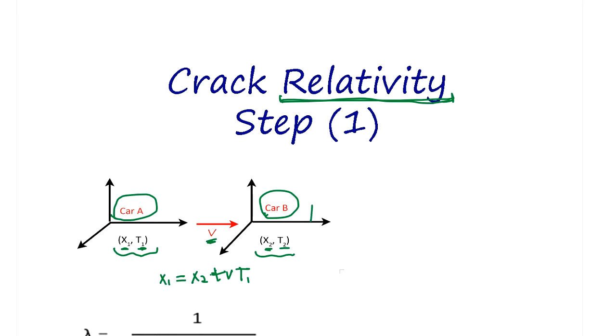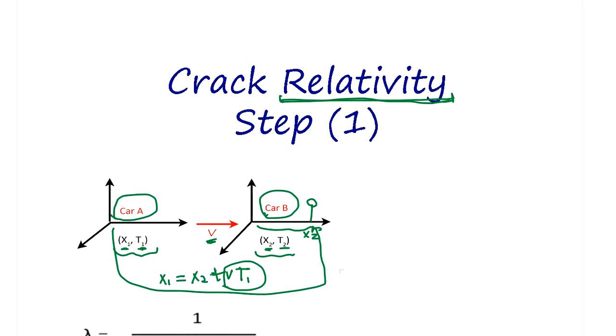Say you have a clock here in this coordinate x2, and x1 is all the way here, so vt, it's moving at the speed v. Simply you can convert the coordinate.